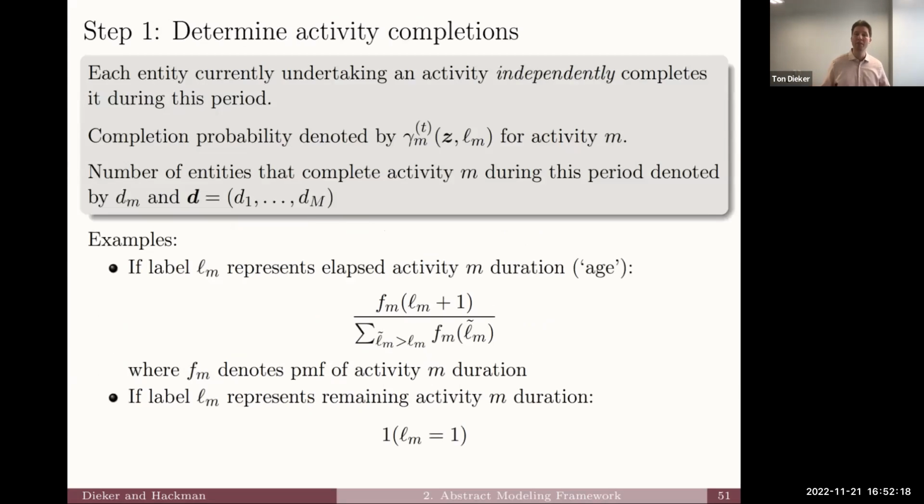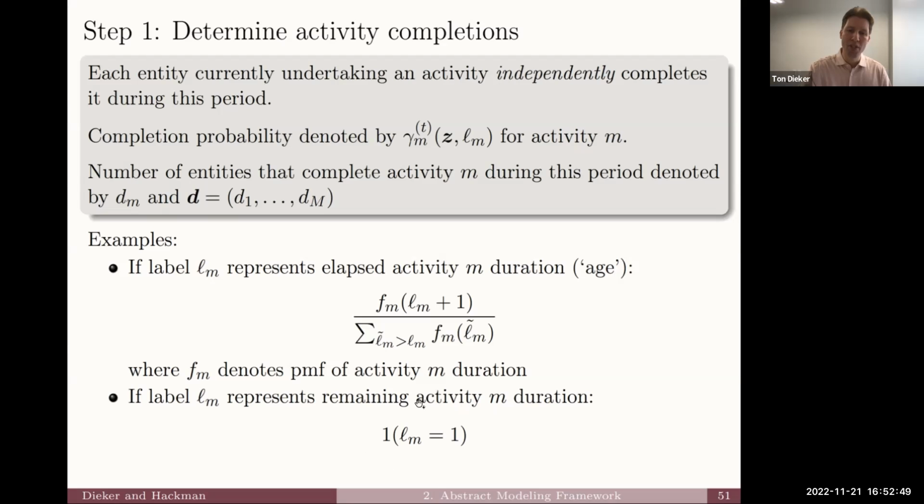So the first step: each entity independently flips a coin to determine whether or not it completes the activity during this period, and we use gamma for that probability. As an example, if the label represents age, then the probability of completing the activity is just the hazard function corresponding to the activity duration.